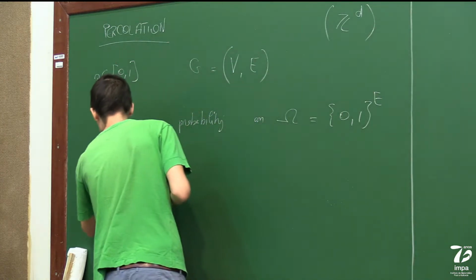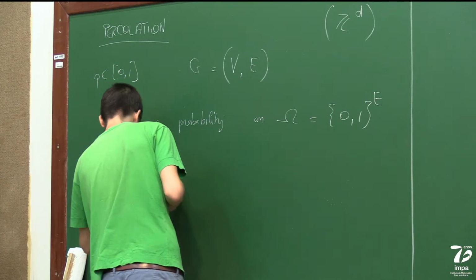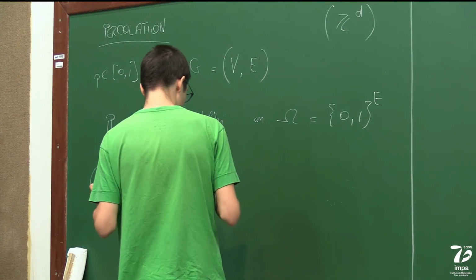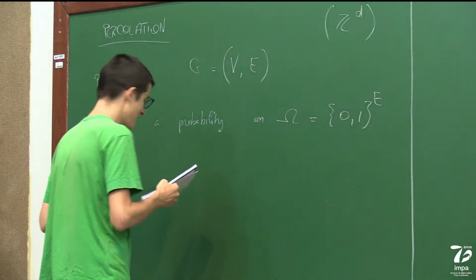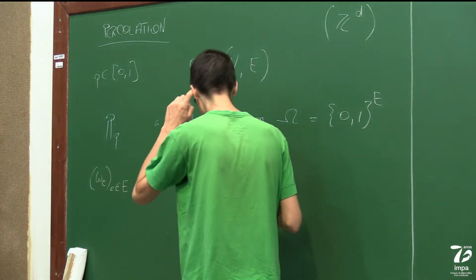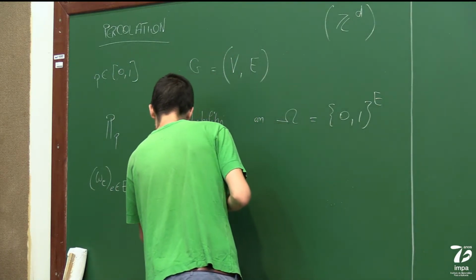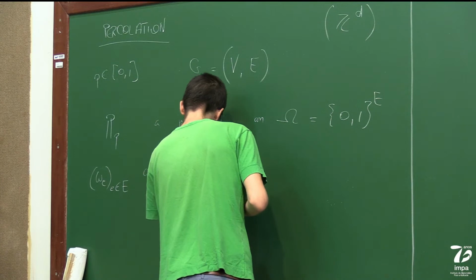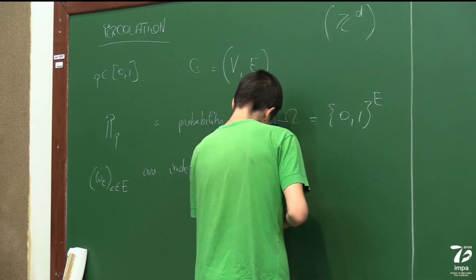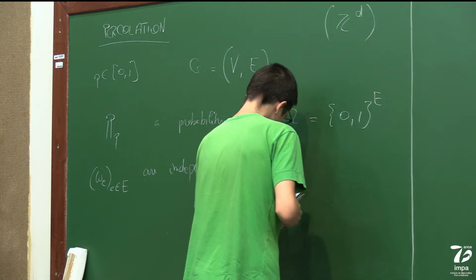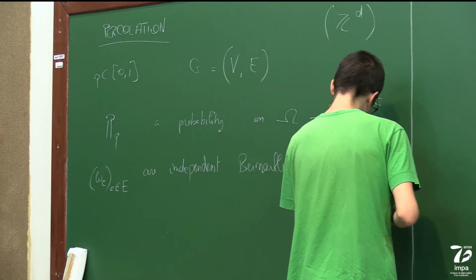And these values, they are IID Bernoulli random variables. So they are independent Bernoulli random variables with parameter p.